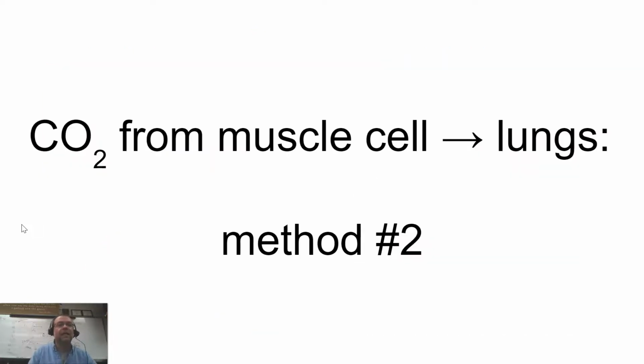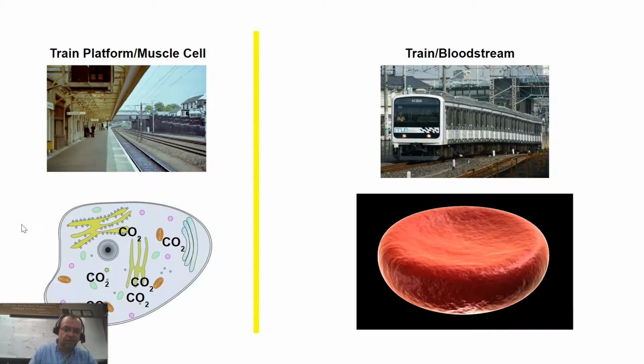Another way we can get CO2 from the muscle cell back to the lungs is a little more complicated, but it's still totally doable. Again, we have a higher concentration of CO2 inside the muscle cell than in the red blood cell. CO2 diffuses into the red blood cell, but in this case it will combine with water to form carbonic acid, which is a very weak acid. Now, carbonic anhydrase is an enzyme that will split carbonic acid into HCO3-, which is bicarbonate, and H+.